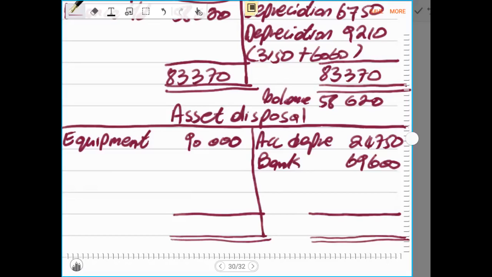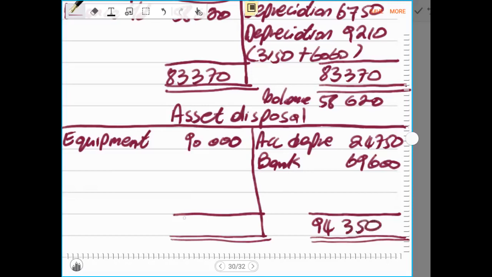Then we have to calculate first the total of the credit side, 24,750 plus 69,600. That gave us 94,350.